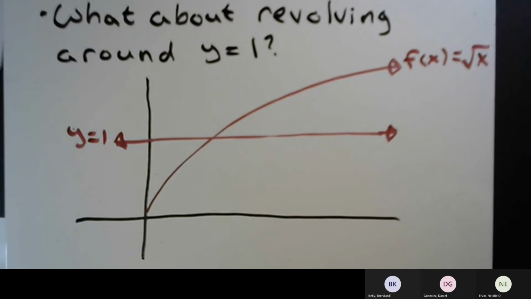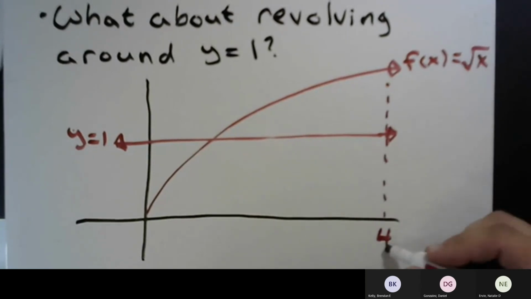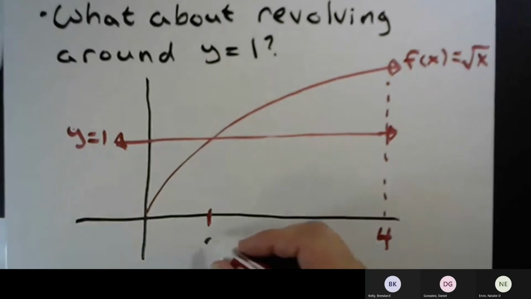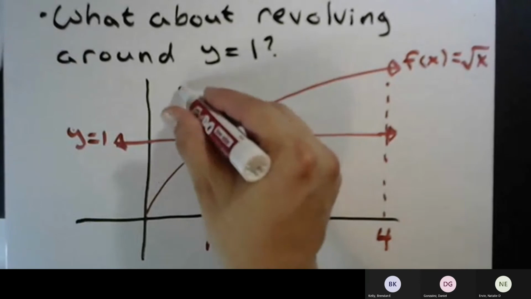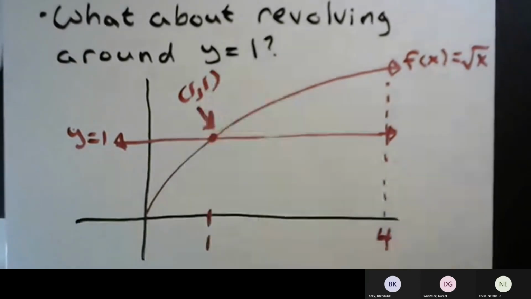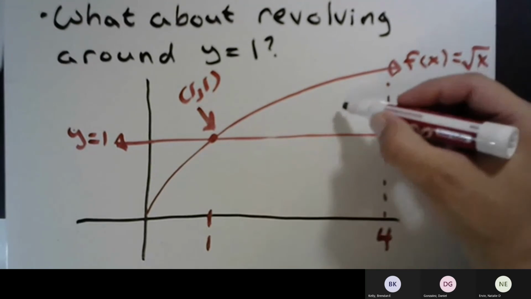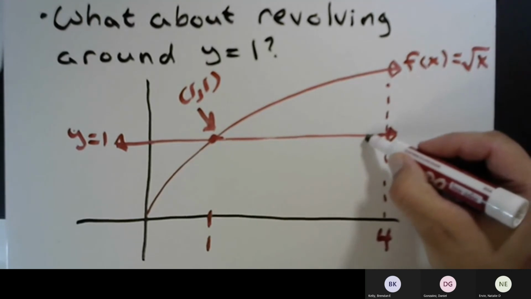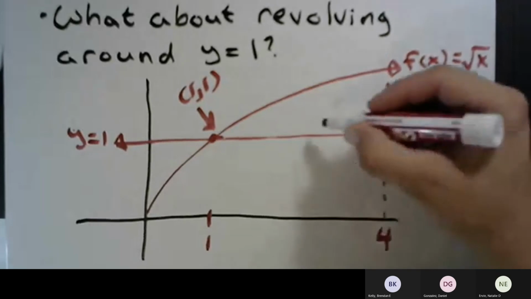We're going to revolve this around y equals 1, and again, we're going to stop at 4. It turns out that the intersection point is 1, 1. So we're going to take this shape that has this axis of y equals 1 underneath it, and rotate this shape around y equals 1.